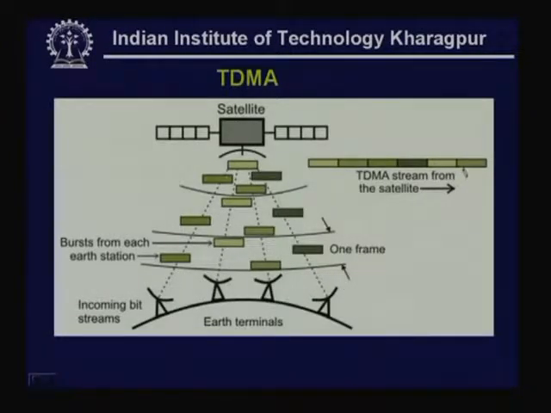You can see it follows the same order, first this one, then this one, then this one, and this is repeated one after the other. This is how TDMA works.